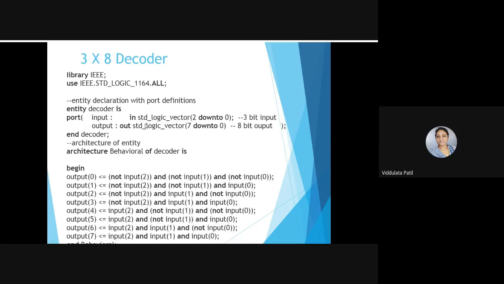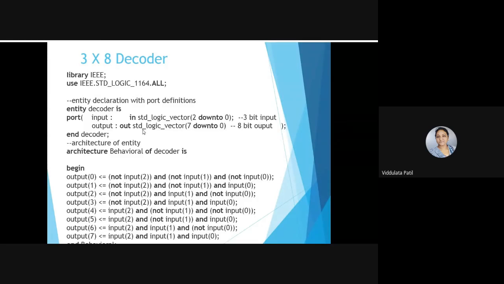If you had selected single-bit inputs, then you would have to write 3 inputs and 8 outputs separately, but here I have just considered a vector. So in a single statement we have covered all the input ports as well as all the output ports. This is the entity declaration part of this VHDL code.